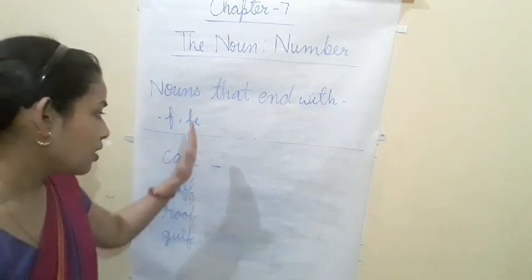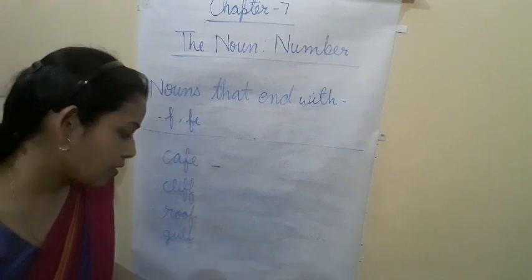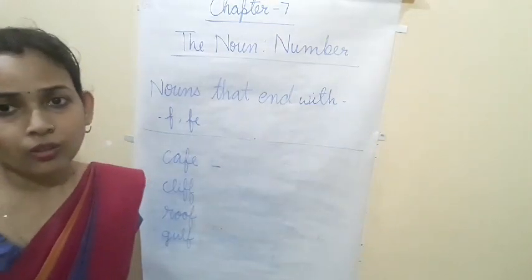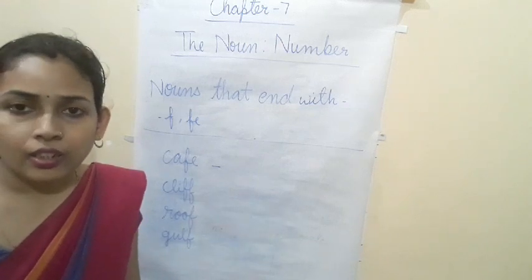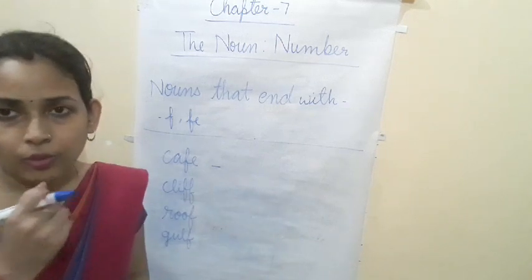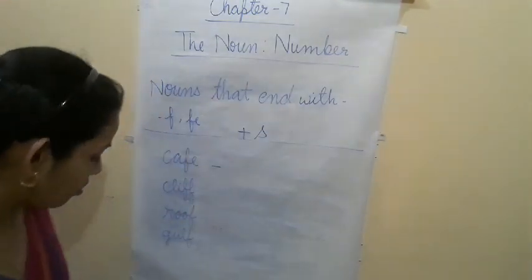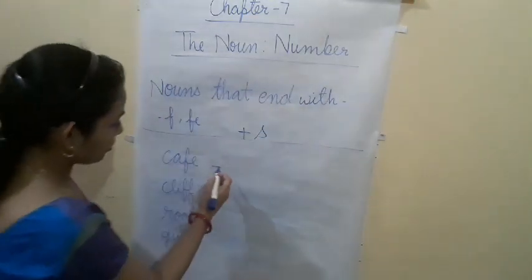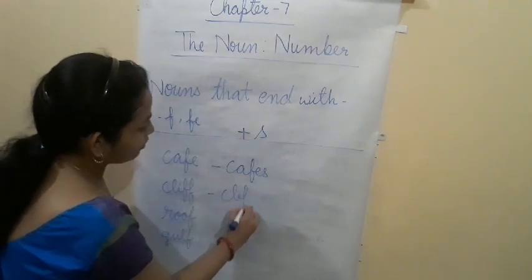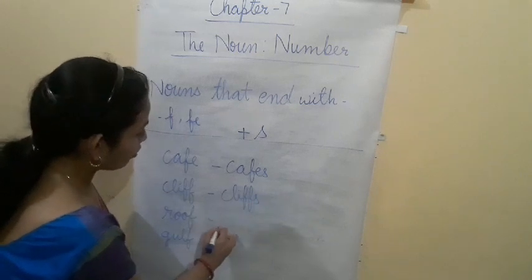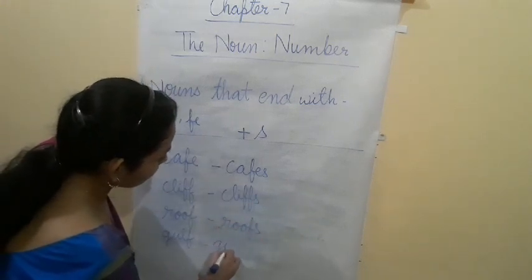The last ending letters are f, fe, but here we don't drop f or fe. With some nouns we put only s. So here: cafe, cafes. Cliff, cliffs. Roof, roofs. Gulf, gulfs.